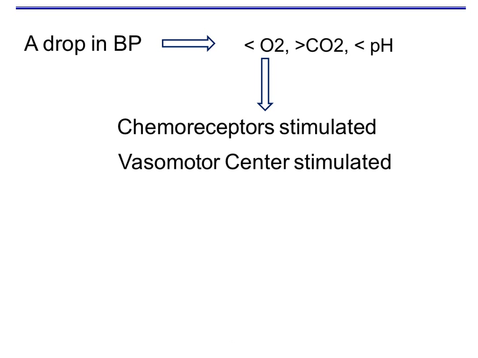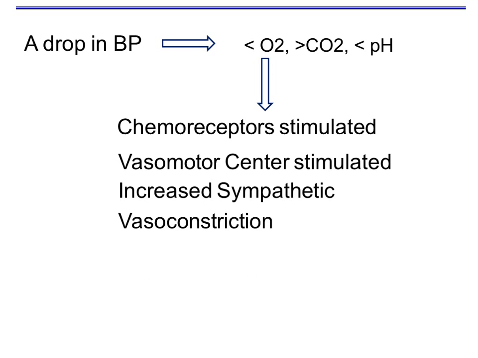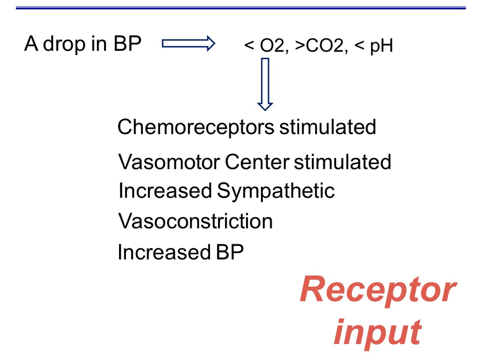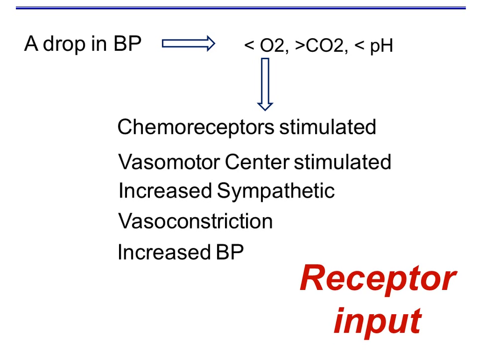I'd activate that vasomotor center. I'd increase sympathetic nervous system output, which should cause vasoconstriction. That increases resistance and will raise pressure in vessels, which increases blood pressure. So we did the same exact thing, but instead of pressure being the stimulation, a changing chemical environment was the stimulation. And we were able to accomplish either of them with receptor input.